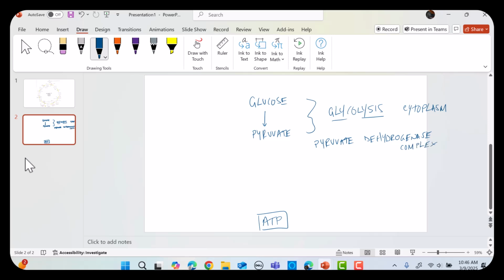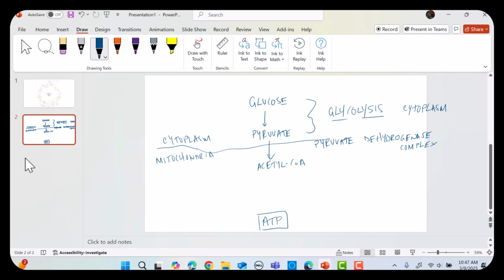And what that's going to do is a couple of things. That's going to convert our pyruvate to acetyl-CoA, the molecule that starts the Krebs cycle. It's also going to get us into the mitochondria. So we're going to cross from the cytoplasm to the mitochondria as part of the pyruvate dehydrogenase complex.